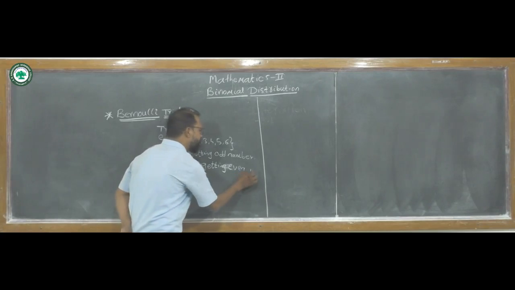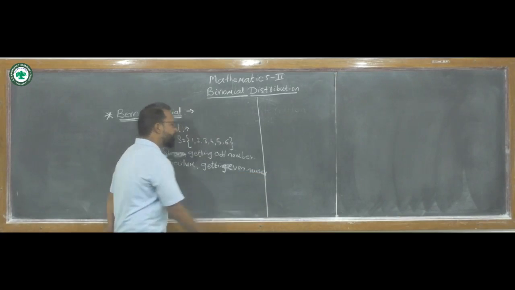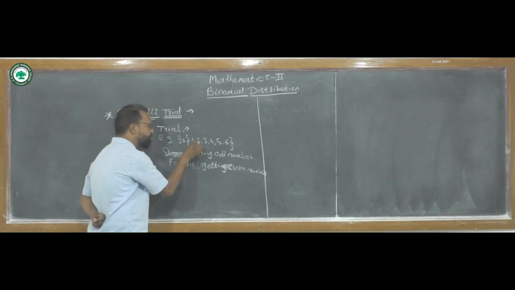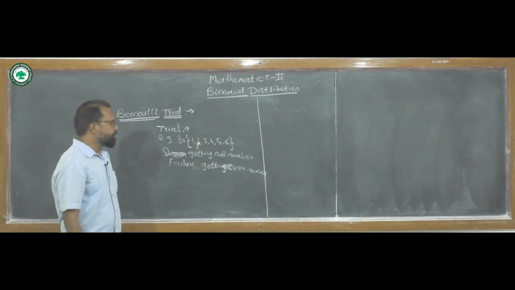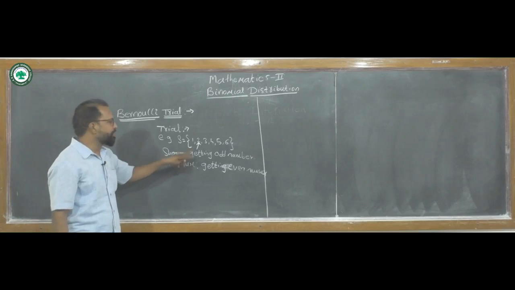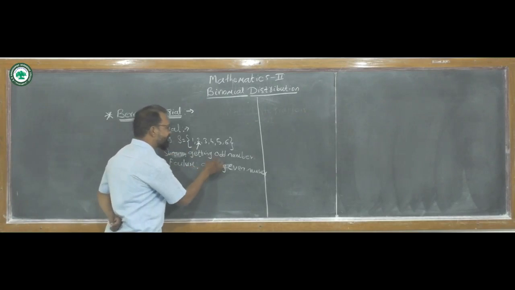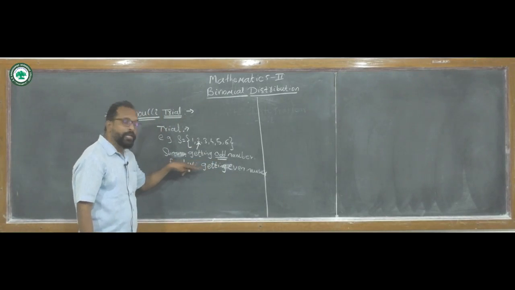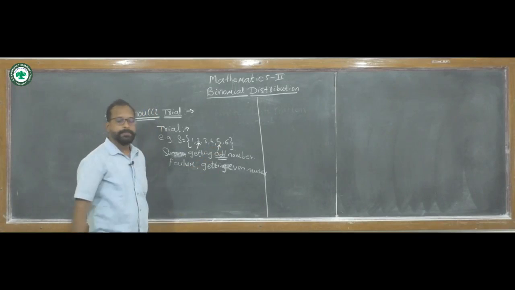So getting an even number is a failure. You observe that if we consider any one of the outcomes, suppose we consider 2, then it is either in success or in failure. 2 is an even number. We consider success as getting an odd number, so it goes to the failure. And if we consider 5, it goes to the success.